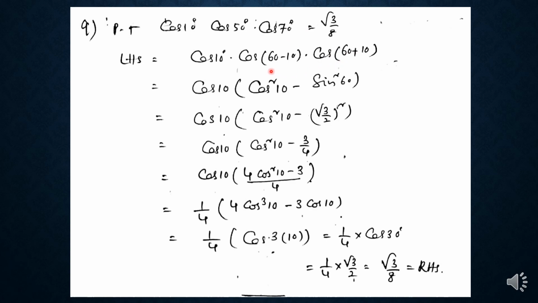So that this becomes cos of (A minus B) into cos of (A plus B). Here cos of (A minus B) into cos of (A plus B) can be written as cos square B minus sin square A. So we can write it as cos 10 into (cos square 10 minus sin square 60).